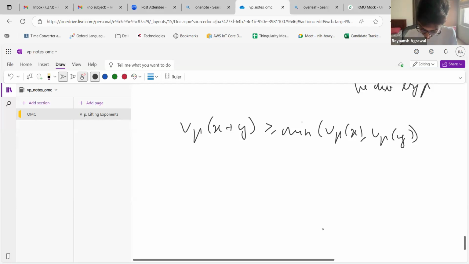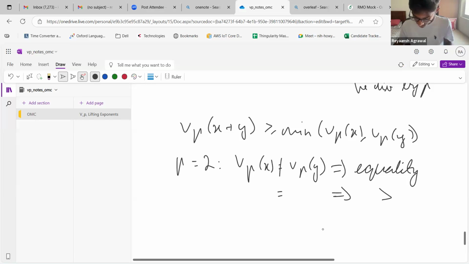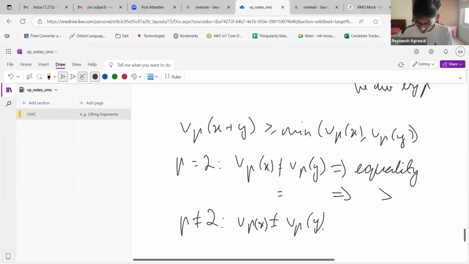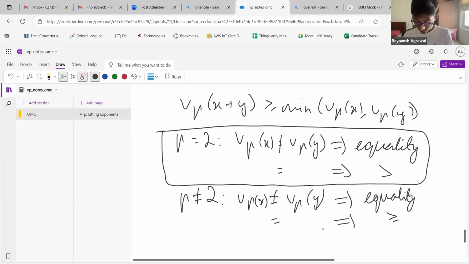I'll just write it down to make it clear. If p is not equal to 2, then vp of x equal to vp of y implies greater than or equal to, we can't say anything.